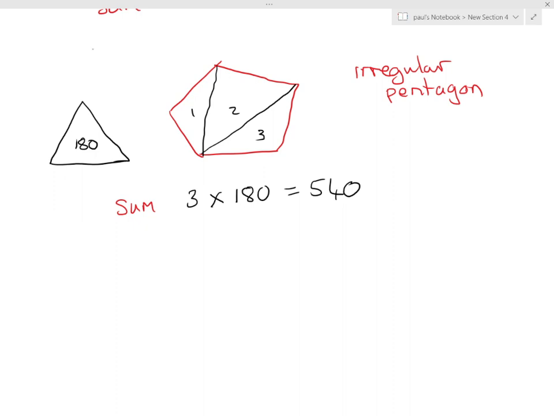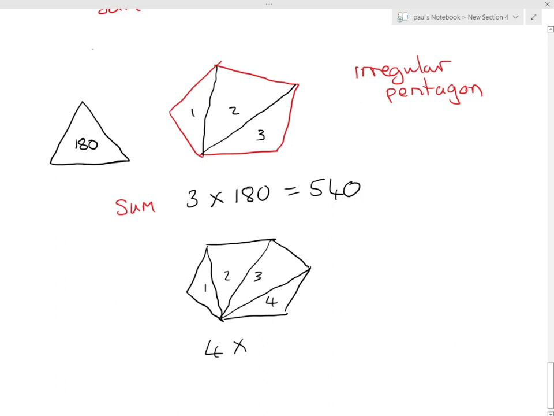So you can divide this shape up into 1, 2, 3, 4, 5, 6 sides. To find the sum, 1, 2, 3, so we've got 4 triangles. 4 times 180 is 720.